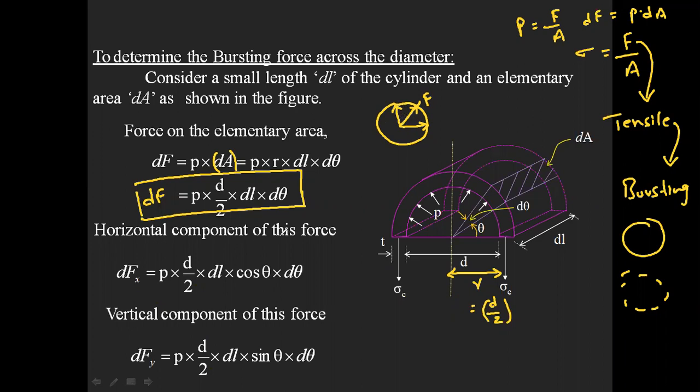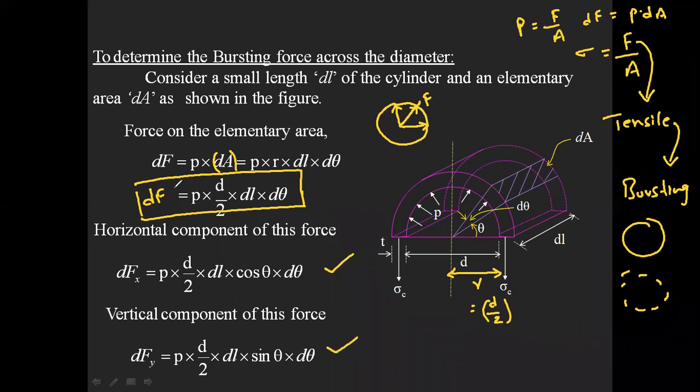The horizontal component of this force is P into d by 2 into dl into cos theta into d theta. Similarly, the vertical component of this force is equal to P into d by 2 into dl into sin theta into d theta. Does everyone understand? Clear?